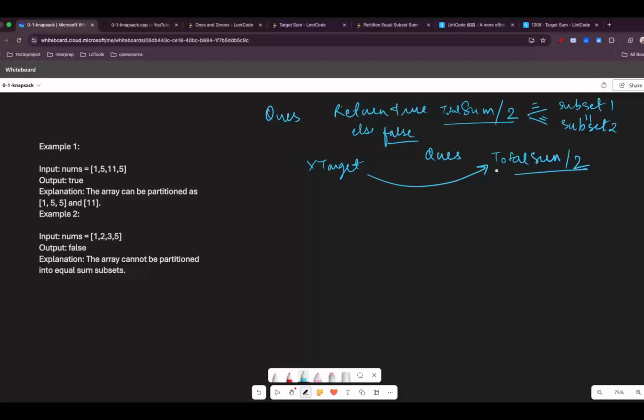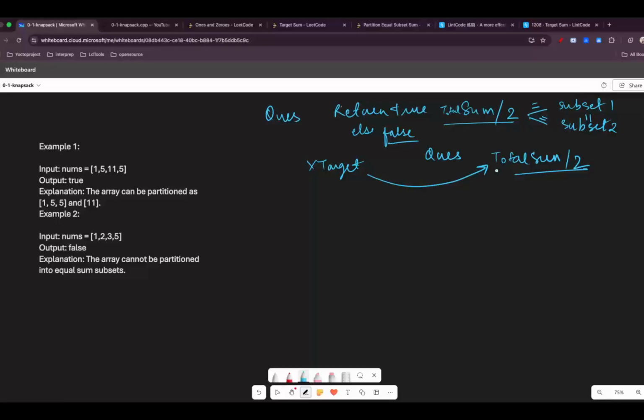Ma'am, do we have to include all the elements or can we take any subset, like just two elements? In the first example we have 1, 5, 11, 5.